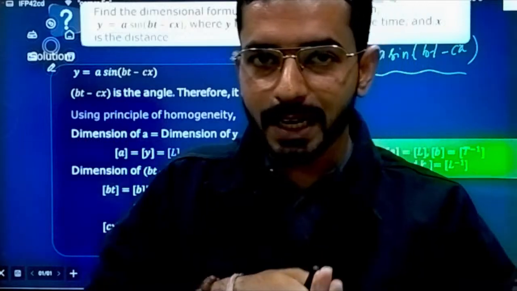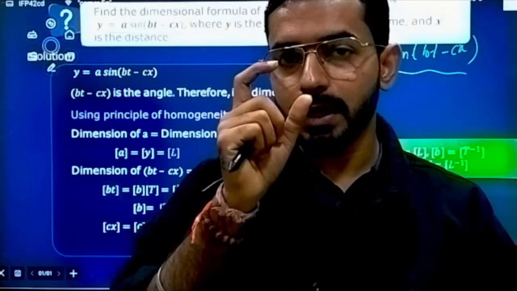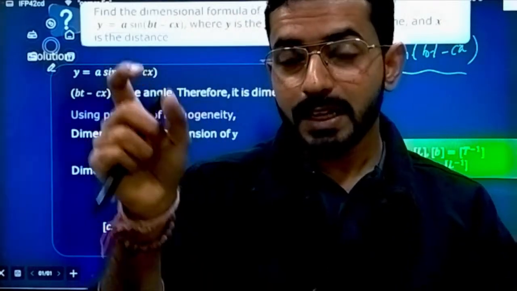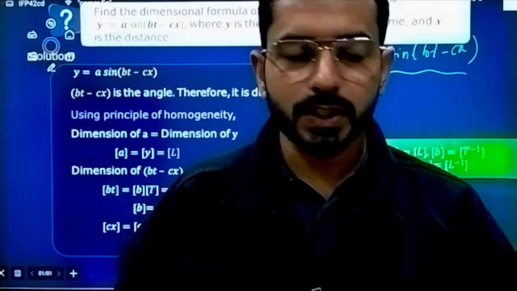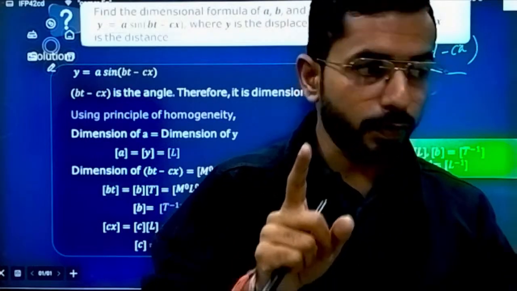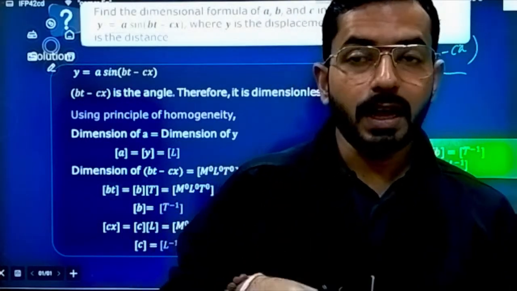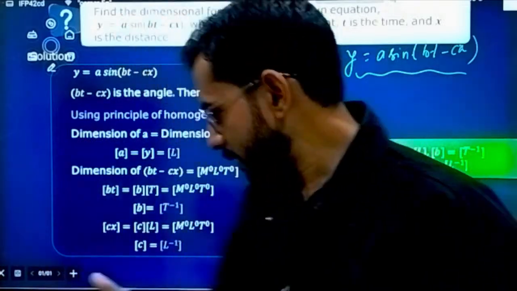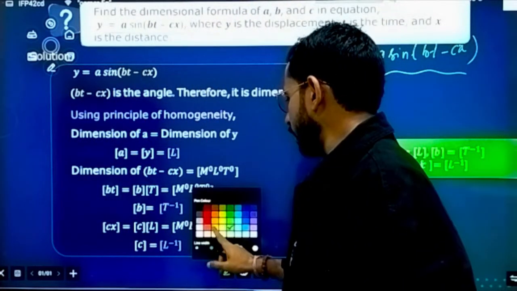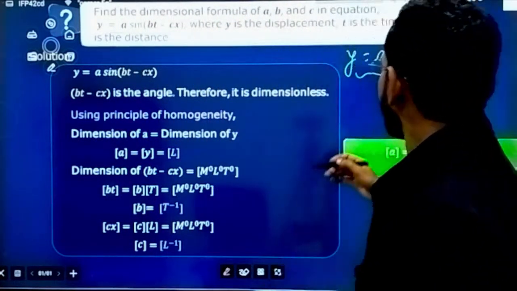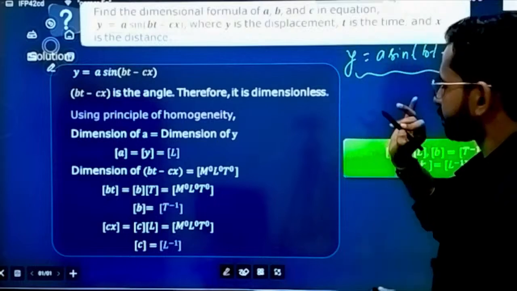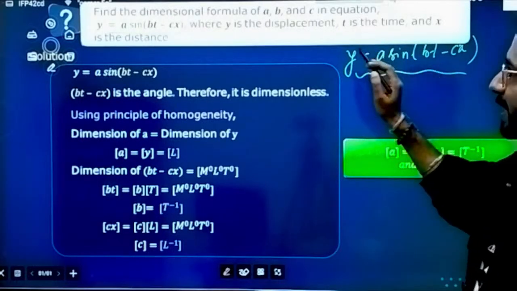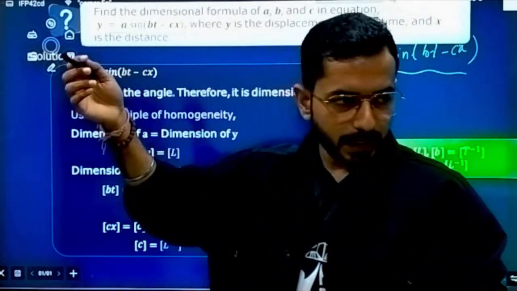And if all these terms are dimensionless, then the x connected there, in sin of x, will also be dimensionless. This is the second rule that you have to remember for solving questions. A lot of questions can be based on this application, and this question is on the same application. Now understand how you'll be solving. This is given as displacement. Now sin of x is a completely dimensionless quantity.